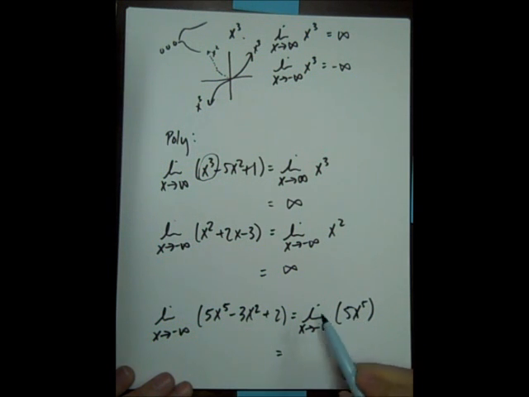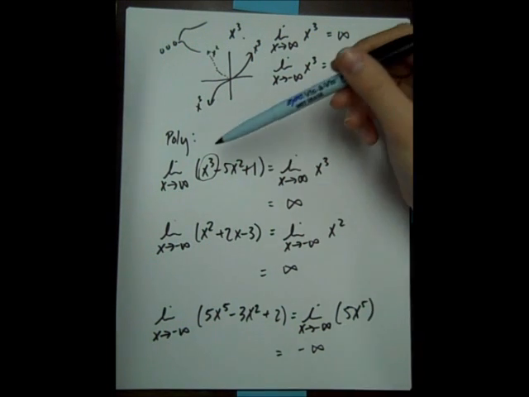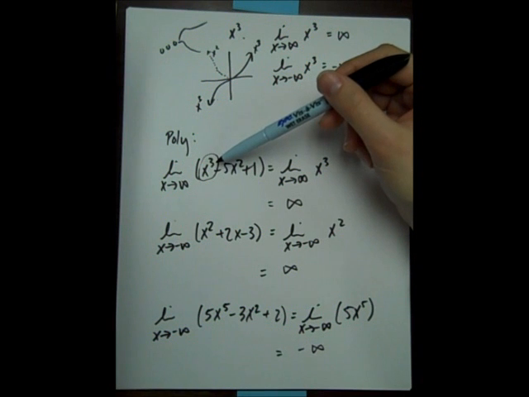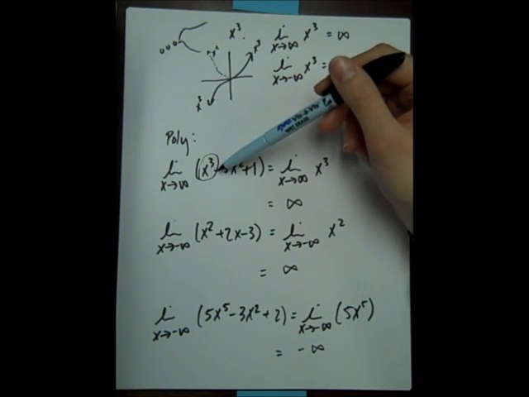I could bring out the constant. This is an odd power of x, so as x approaches negative infinity, an odd power goes towards negative infinity. The coefficient here doesn't matter. I mean, what does multiplying infinity by 5 do? It just goes towards negative infinity. So for polynomials, we only have to look at my leading term. That'll tell me if I go towards negative or positive infinity.